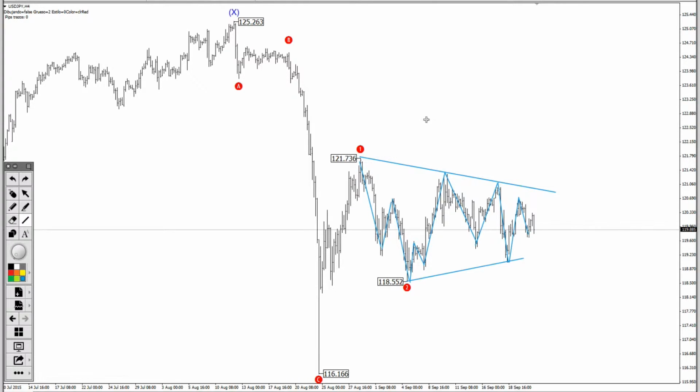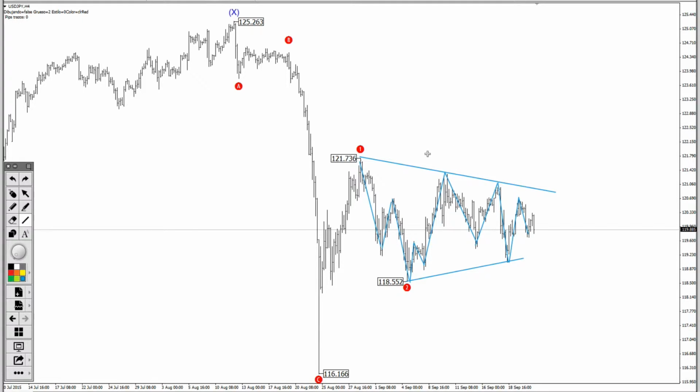The strengthening dollar would propose more upside in here, but other yen pairs have started their respective bear markets. So this is a little bit of a mystery right now. What is the correct wave labeling here?